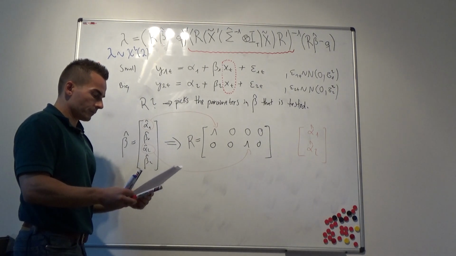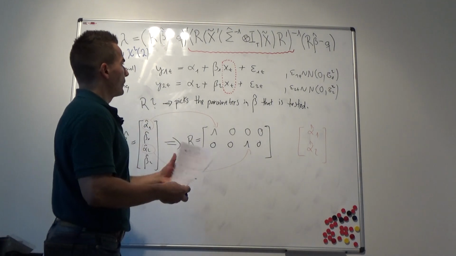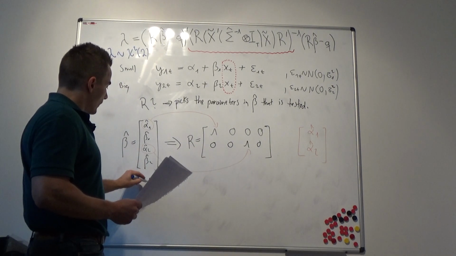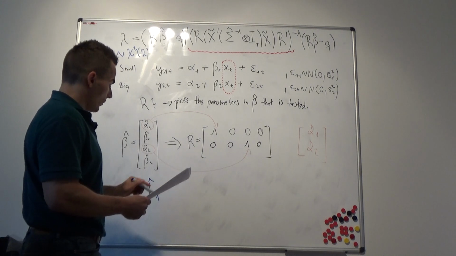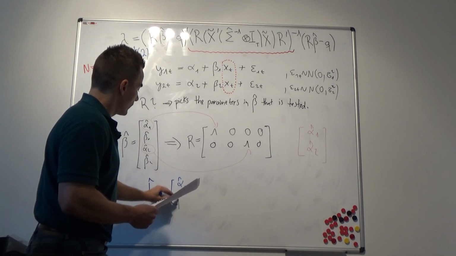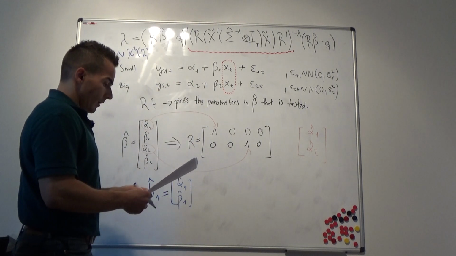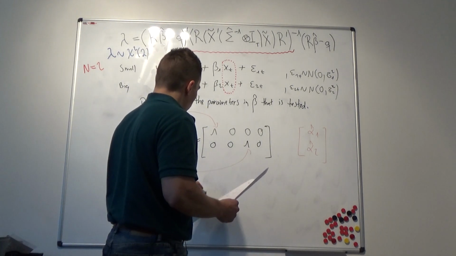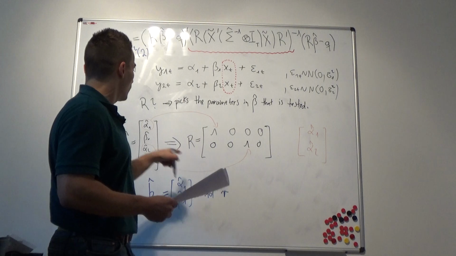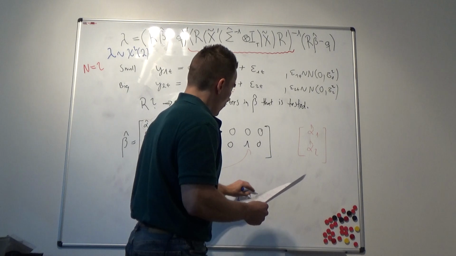So let us consider now the single equation here. We have defined our b hat 1 earlier as alpha 1 and beta 1, which gives us the corresponding point estimates. And let us define small r, as opposed to capital R, small r as 1 0.